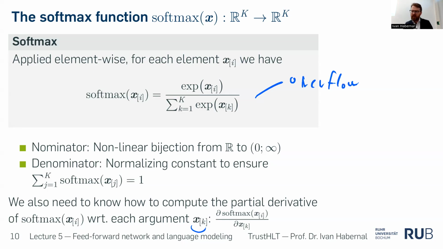If you have big numbers, e to a big number will be an even bigger number, and you're basically running out of the precision of your real numbers. So this is very naive. If you implement softmax like that, you might be lucky, or you might run into issues of overflow or underflow, because if you have big numbers here, you're getting into trouble.